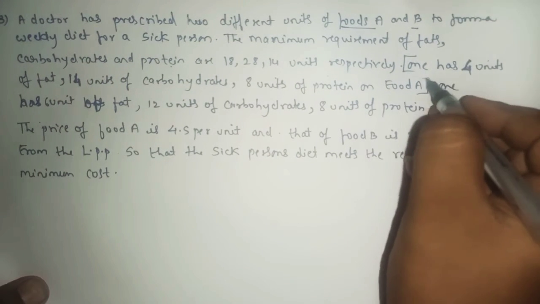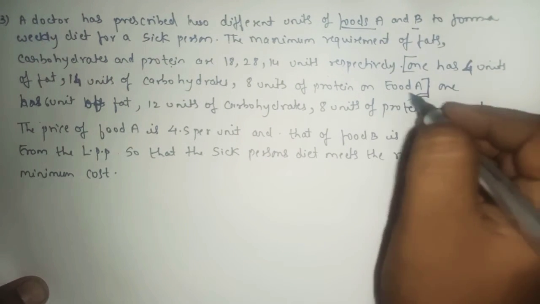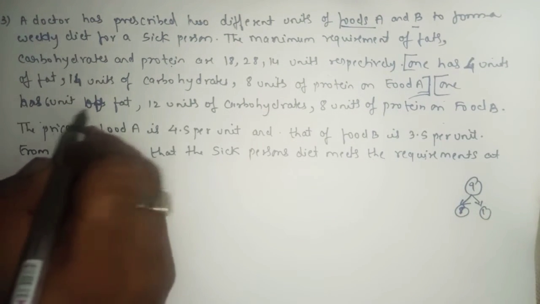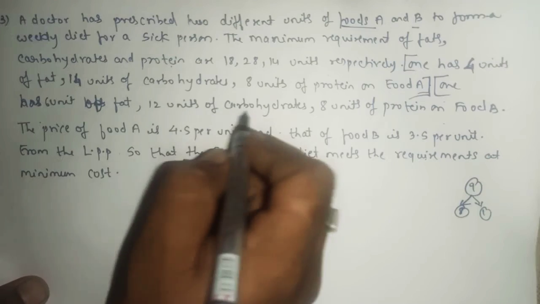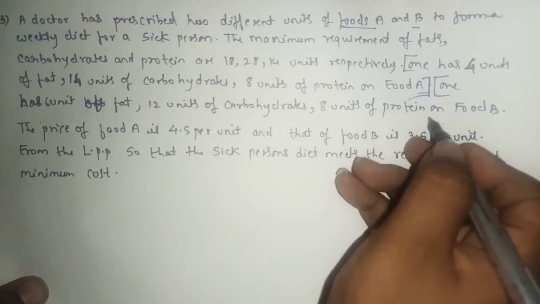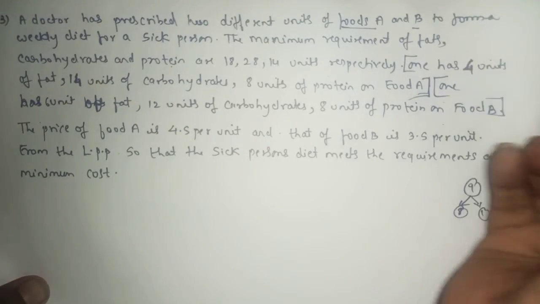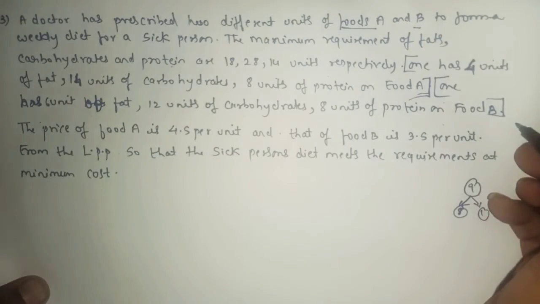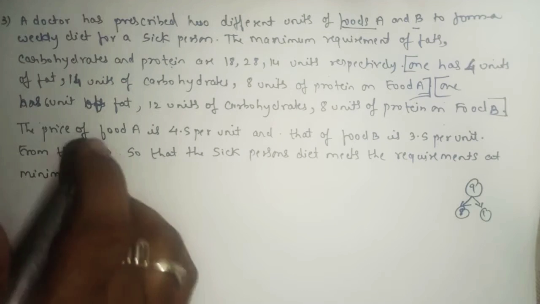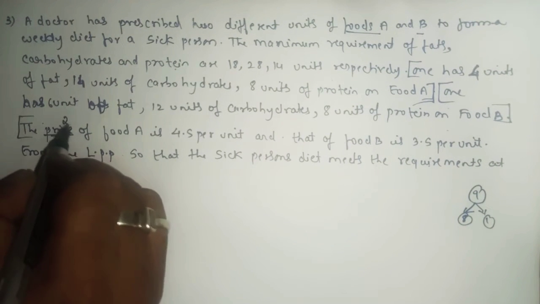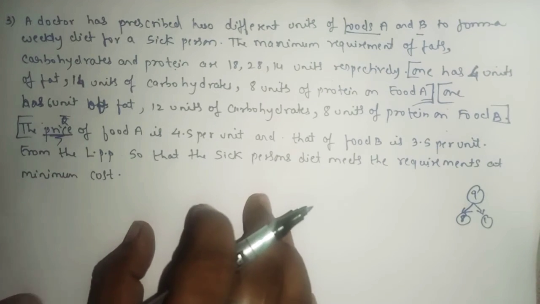So from here we got the one sentence for food A. One has 6 units of fat, 12 units of carbohydrates and 8 units of protein on food B. So the first sentence is for food A and the second sentence is for food B. Then here we have the price. As we all know, the unit for the price is rupees.